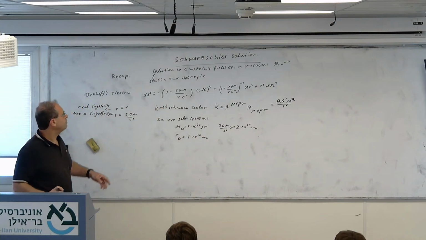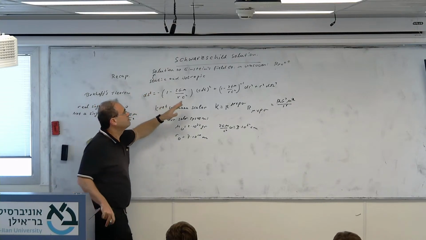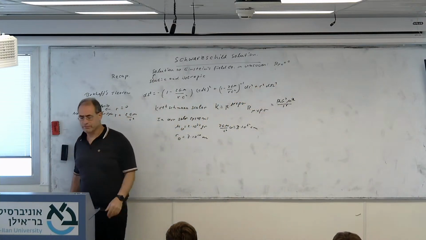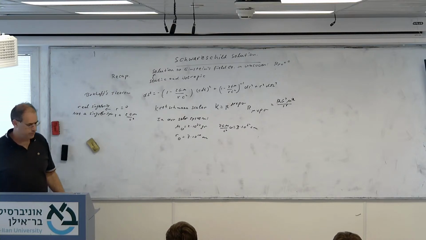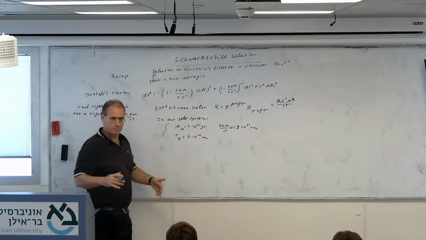Meaning that this solution anyway is not going to be valid inside the sun, because inside the sun the stress-energy tensor is not equal to 0. So we don't really need to worry about that in our solar system.